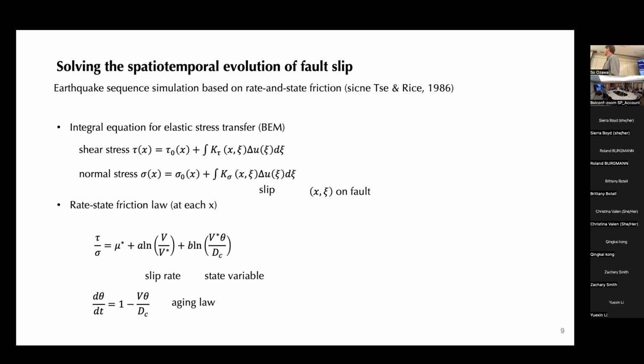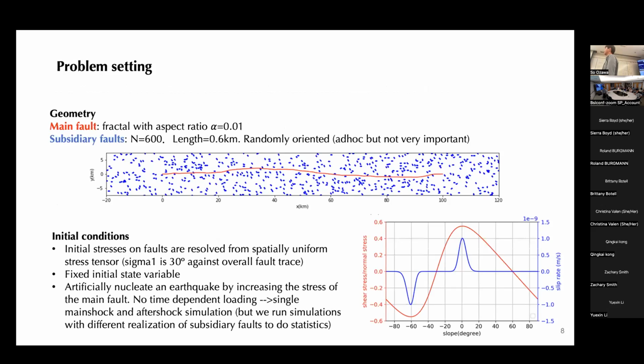This is also a very popular way for earthquake simulations. But my modeling is much more complicated compared to other simulations, because I'm discretizing not just this main fault, but also all of these small faults into small enough elements. So the number of elements is very big, even with these 2D simulations. For 3D simulation, it's even more problematic.